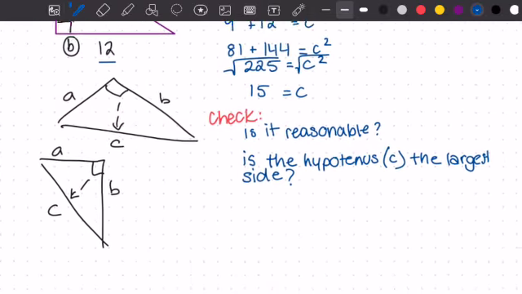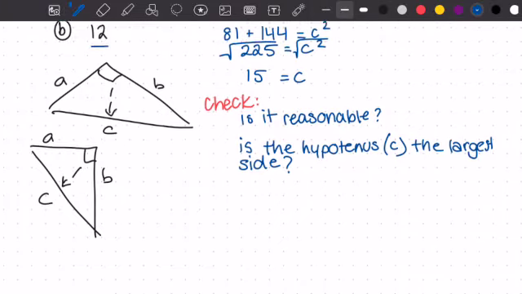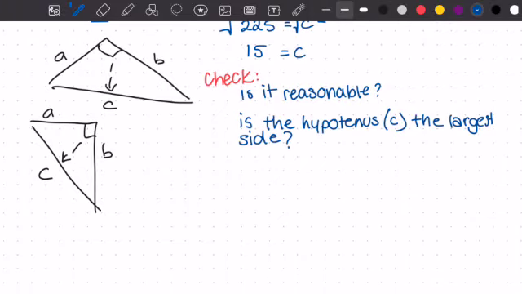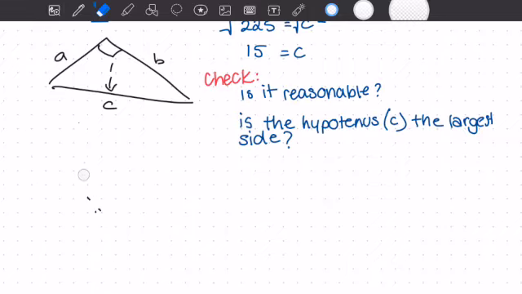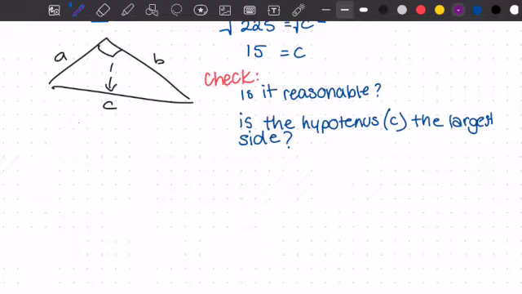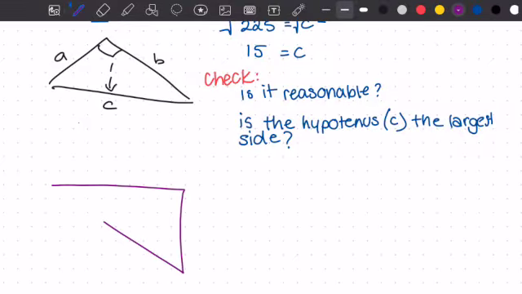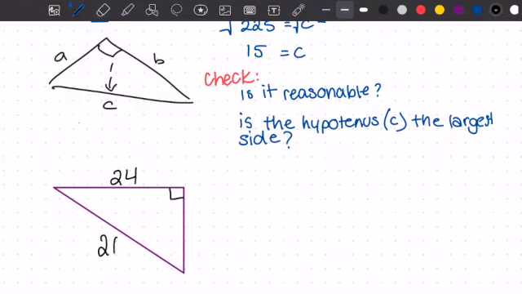Okay, let's do one more here where we're not solving for the hypotenuse. So I'm going to erase this triangle. I'm going to redraw a better one for you guys. In this triangle, I've got 24, 26, and Y, or A or B or whatever other letter you're throwing in there.